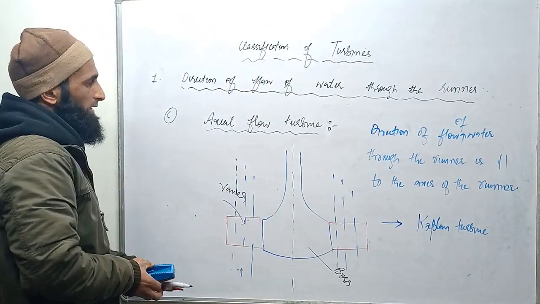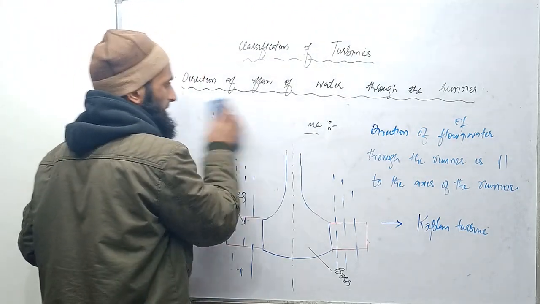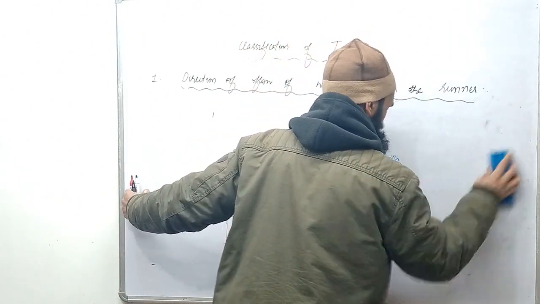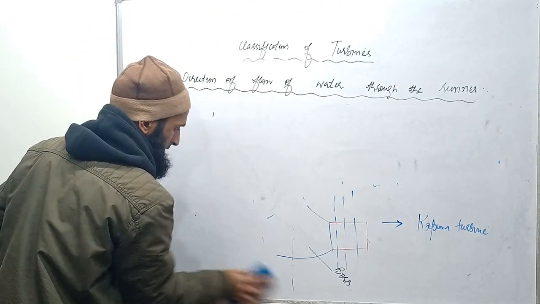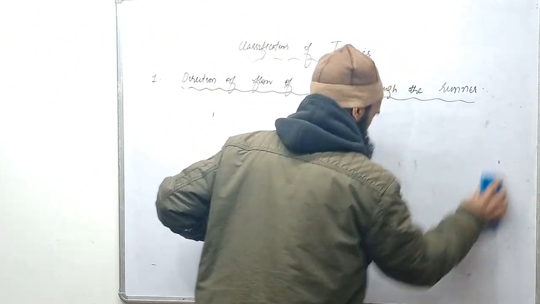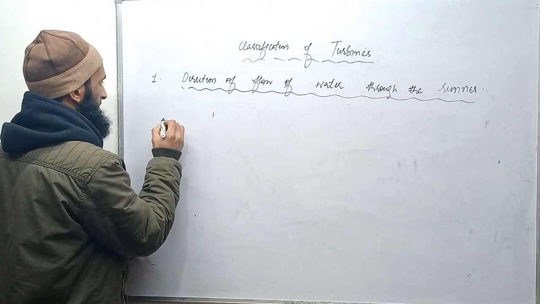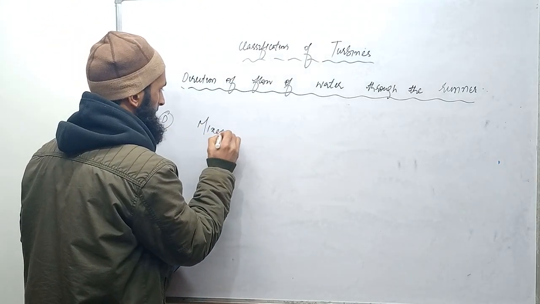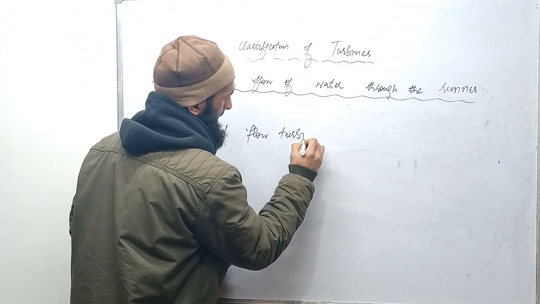Okay, this is the C category, and the D category with us is the mixed flow turbine. In this classification, the D category is the mixed flow turbine.